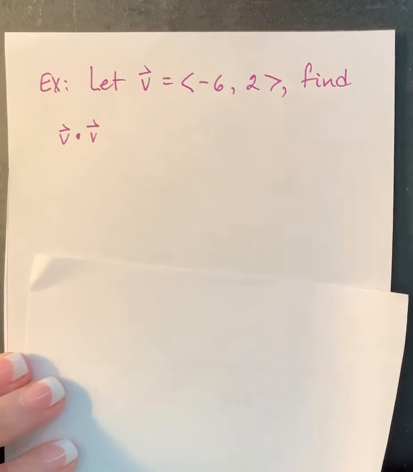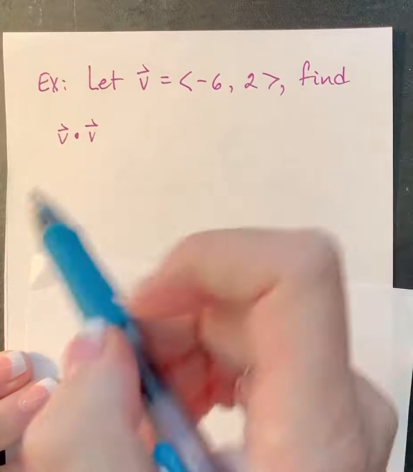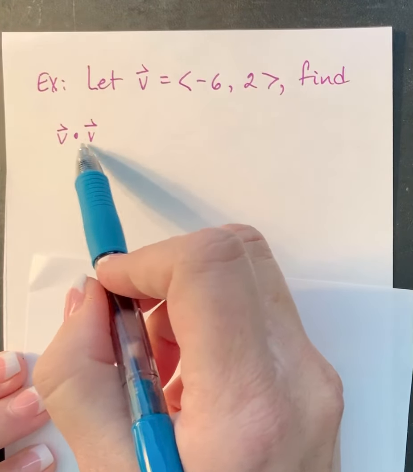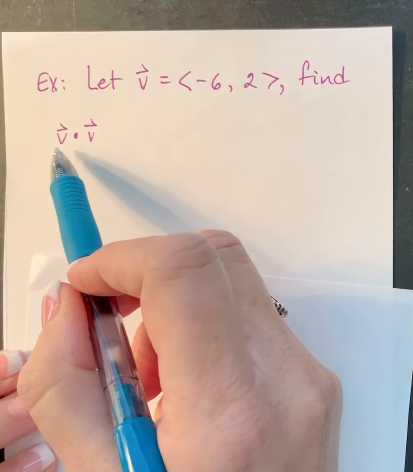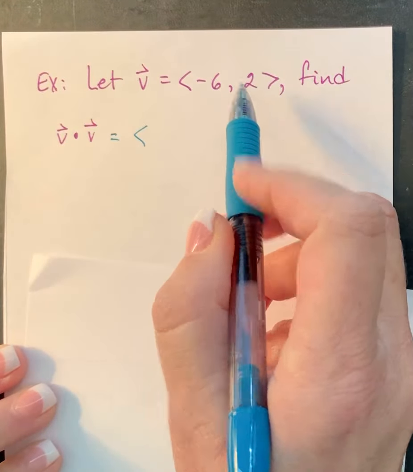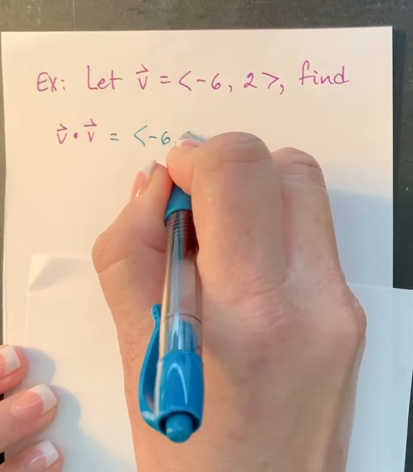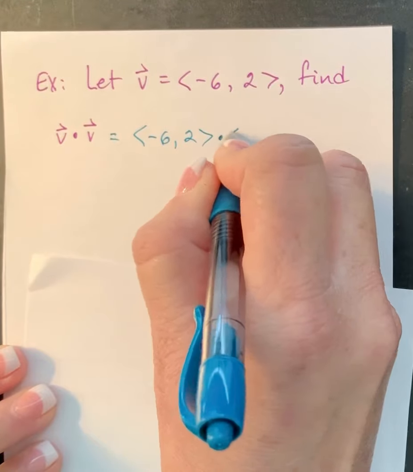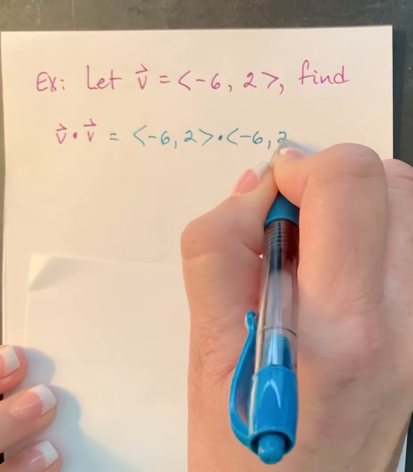Let's look at what happens if you take one vector and do its dot product with itself. So v dot v. In this case, we're going to use -6, 2 as our vector. Could be any vector. I just picked a random one.